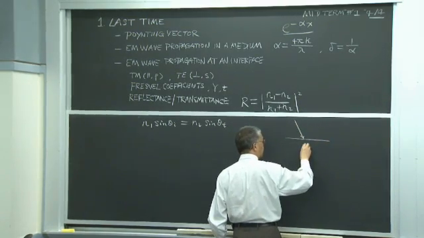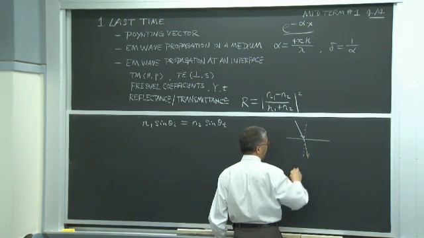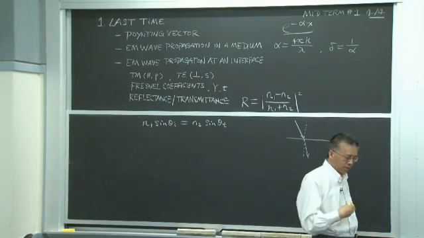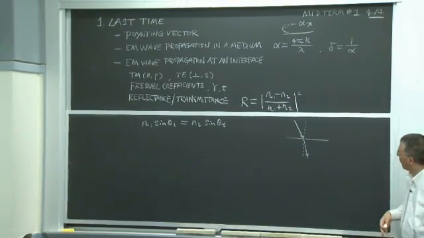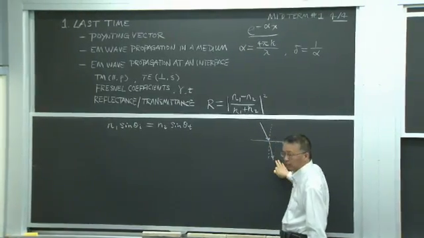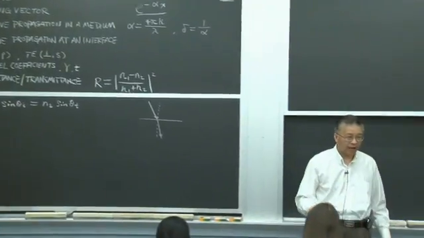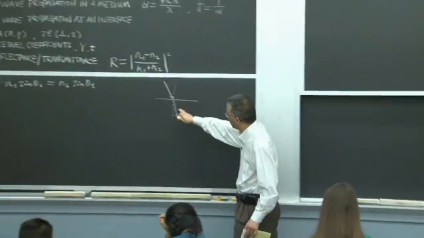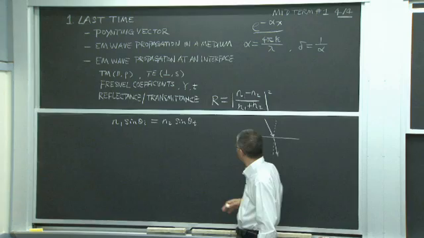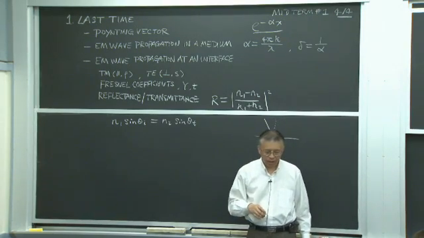The light comes in, typically from air, which is pretty much a vacuum, depending on the wavelength. The refractive index is 1, and inside the material the typical refractive index is larger than 1. So your angle is bending, and the refracted angle theta t becomes smaller, right? So this is Snell's law.